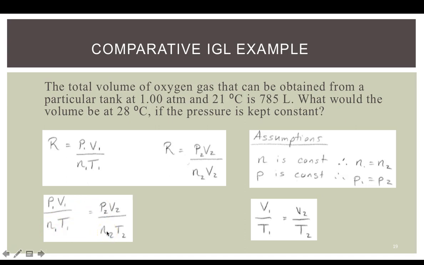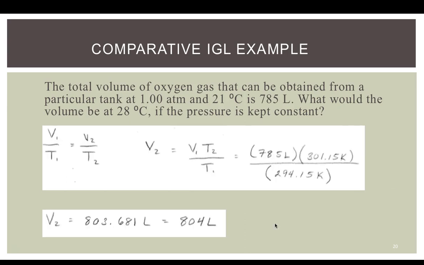I didn't show the explicit math, but P and P on opposite sides of the equation will cancel, N and N will cancel, and we're left with Charles' law. So like I said, you had two choices. One, you recognize that yes, it's a Charles' law question, but that's not me. I would not have recognized right off the bat that this is Charles' law. But we were able to derive Charles' law from simple assumptions. So let's just plug it in.